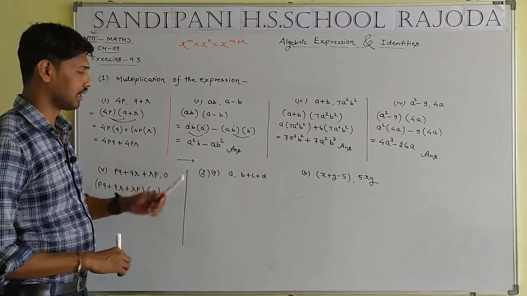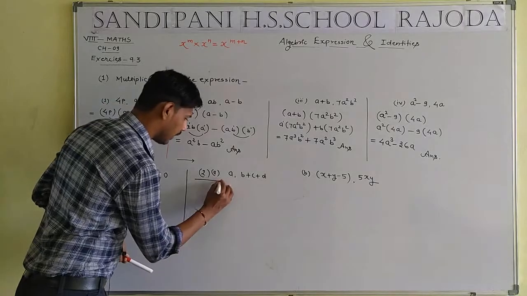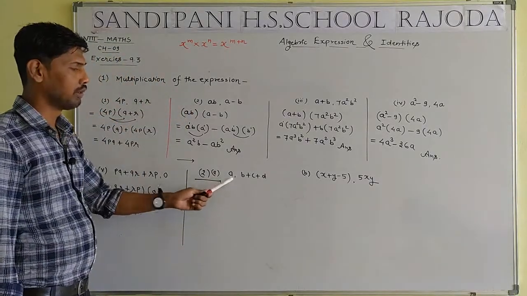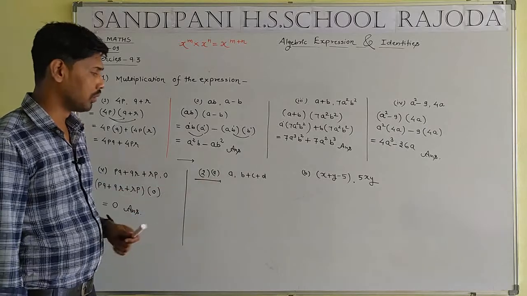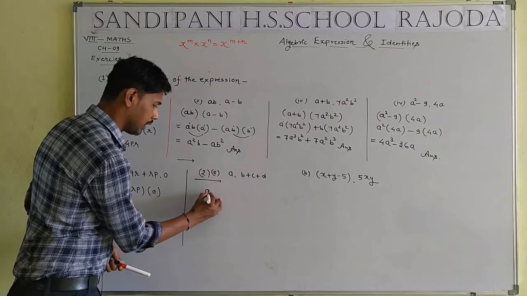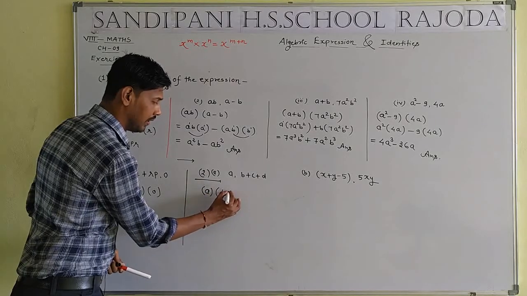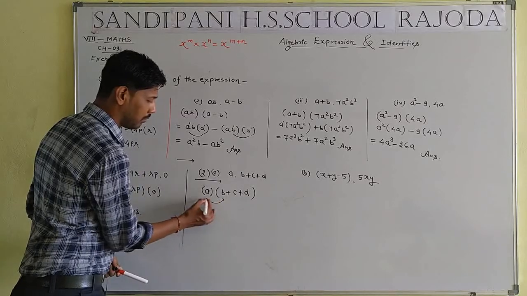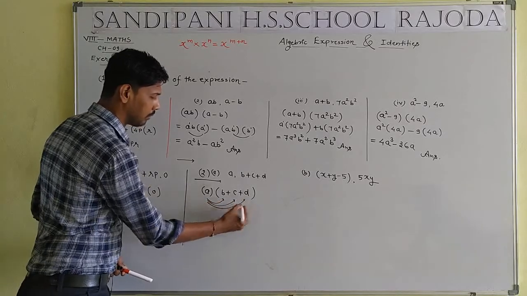Question number second. We have to multiply between the polynomials a into b plus c plus d. We have to multiply a with b plus c plus d. That means a multiplied by b, by c, and by d.